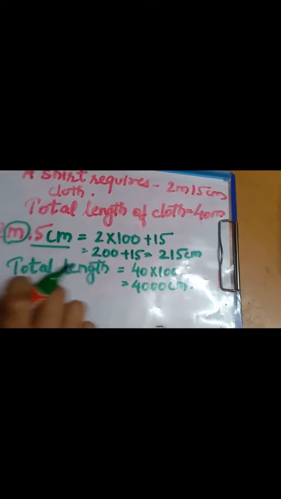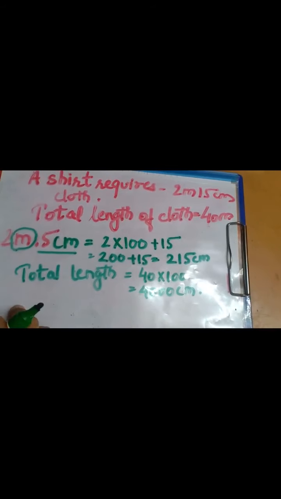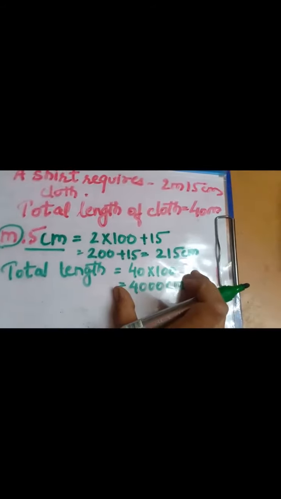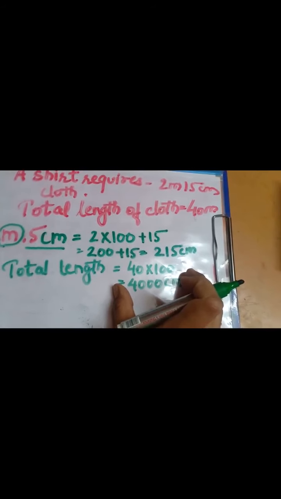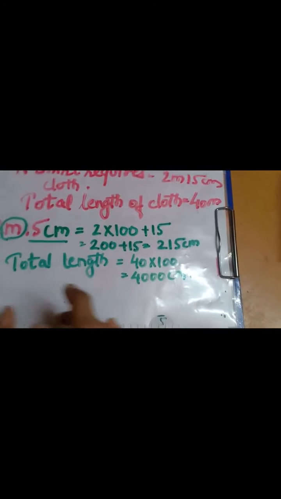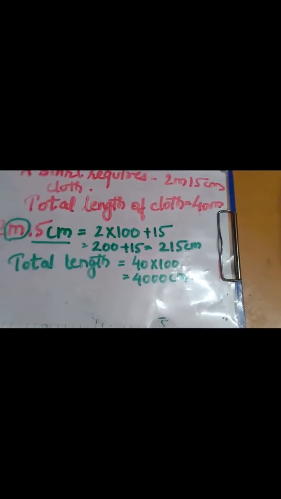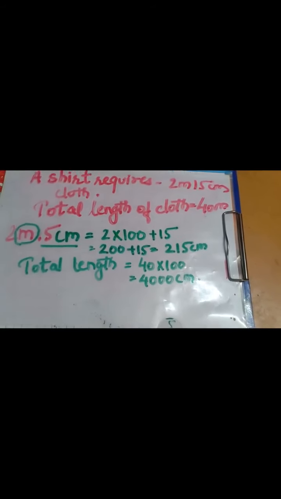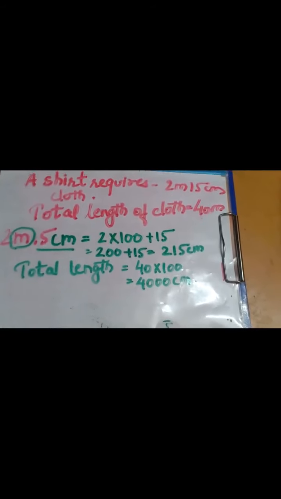I know the total length. I know this much I require for one shirt, one shirt, one shirt. So what we are doing? We are breaking this 4000 centimeter of cloth into small pieces. I know the length of each piece. What I don't know is how many pieces I can make. So here which operation we need to do? We need to do division.